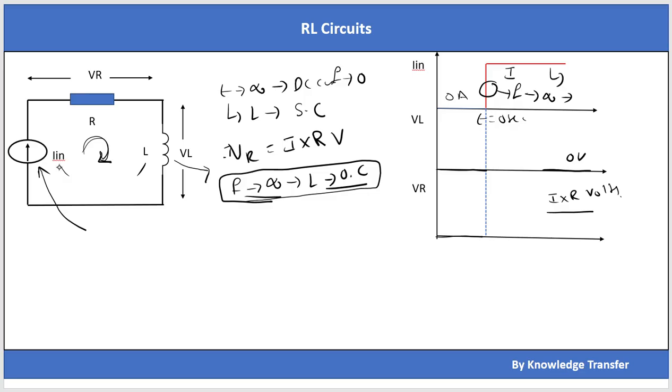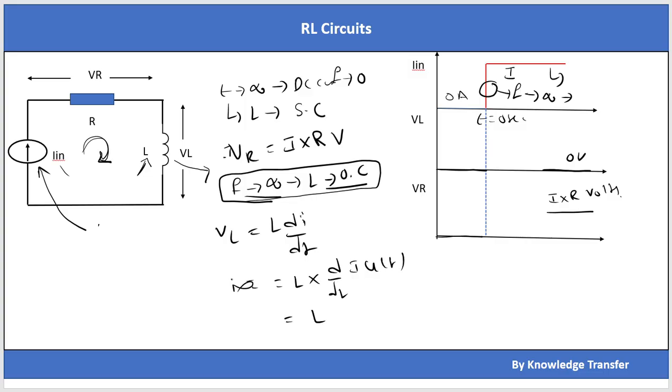So something should compromise here, either the current source or the inductor. But the current source cannot compromise, because we are taking an ideal current source, and the voltage across the current source can swing from minus infinity volts to plus infinity volts. So let's see at what condition the inductor will compromise. We know that VL, the voltage across the inductor, is equal to L di by dt. I want to flow a step current through the inductor. So if I replace the current with a step current, VL is equal to L d by dt of I into u of t.